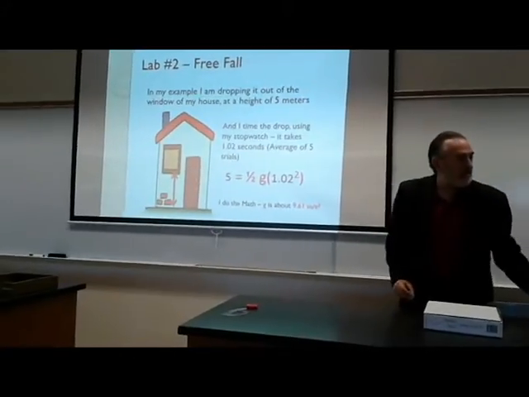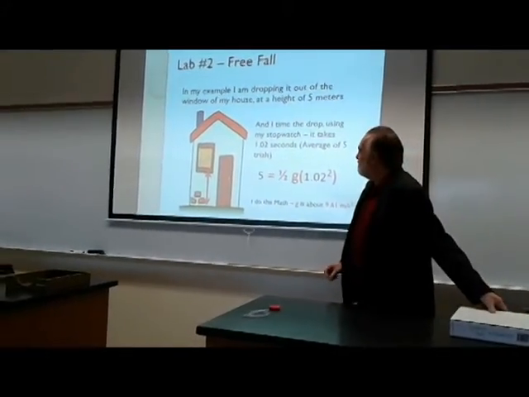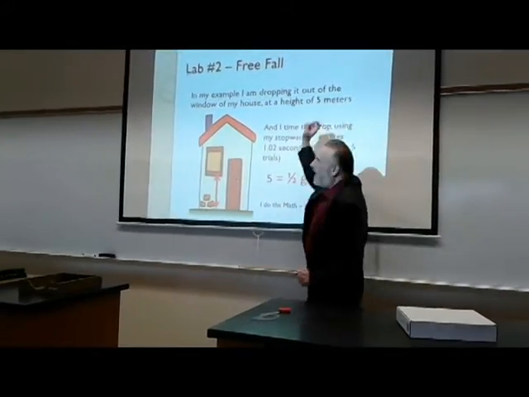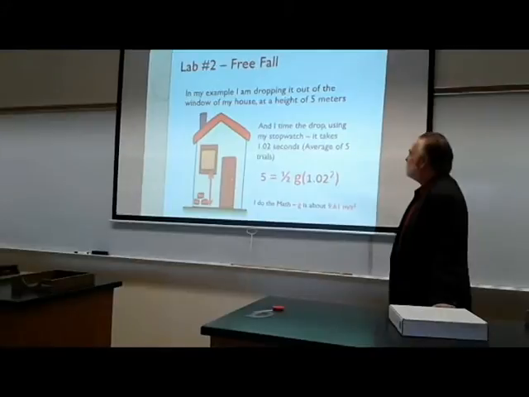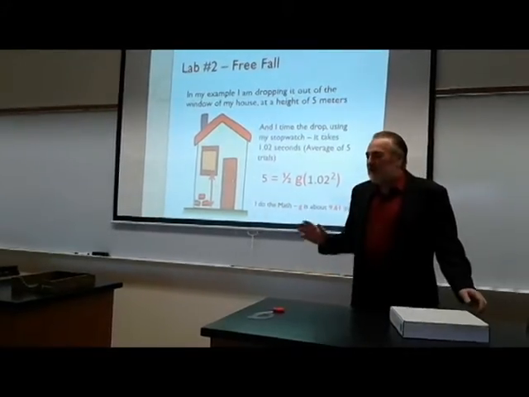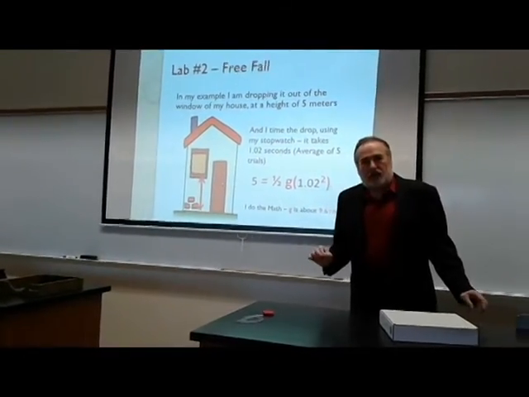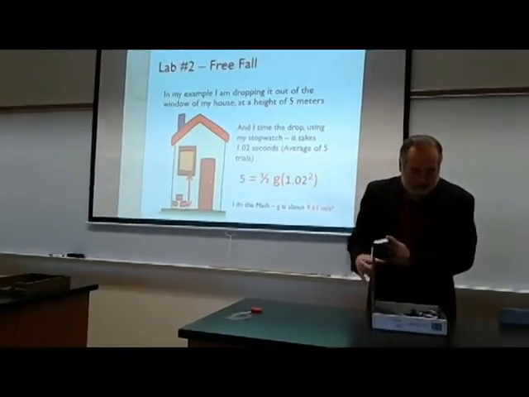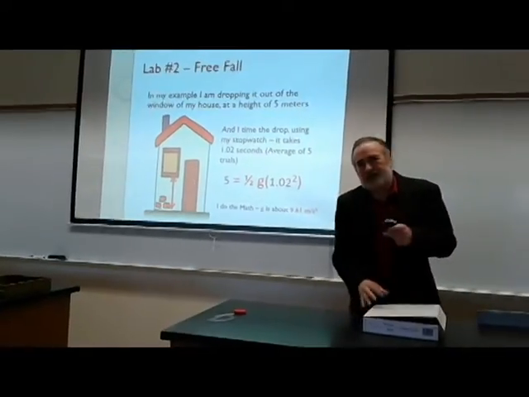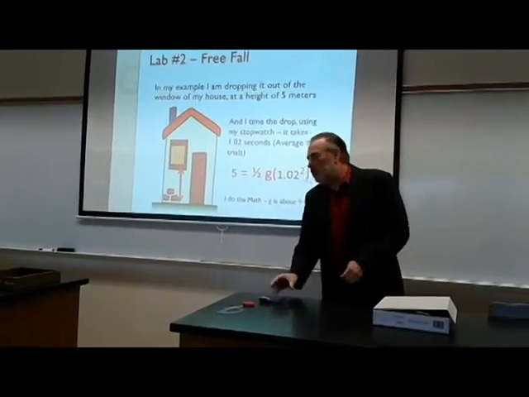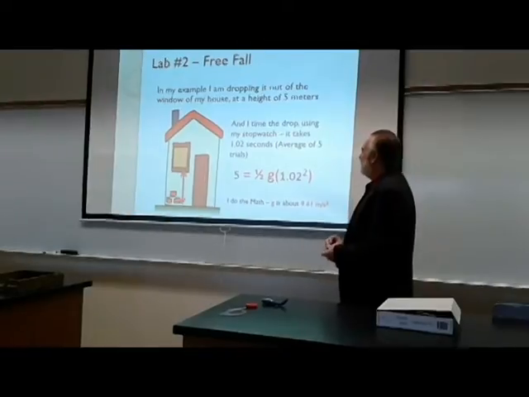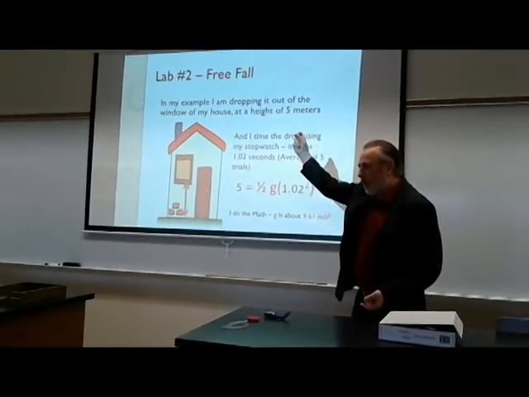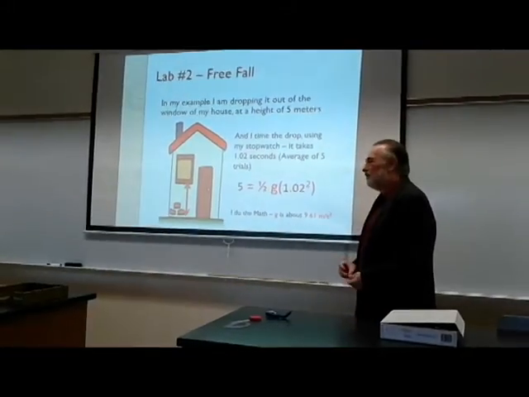Now, the next thing, of course, let's say that I'm dropping it from a window of my house and I know the height to be 5 meters. The second variable that I need, of course, is what? Time. Well, I need to get out of my kit a stopwatch, right? So you have a stopwatch where you time how long it takes from the very point you let go to the time it hits the ground.